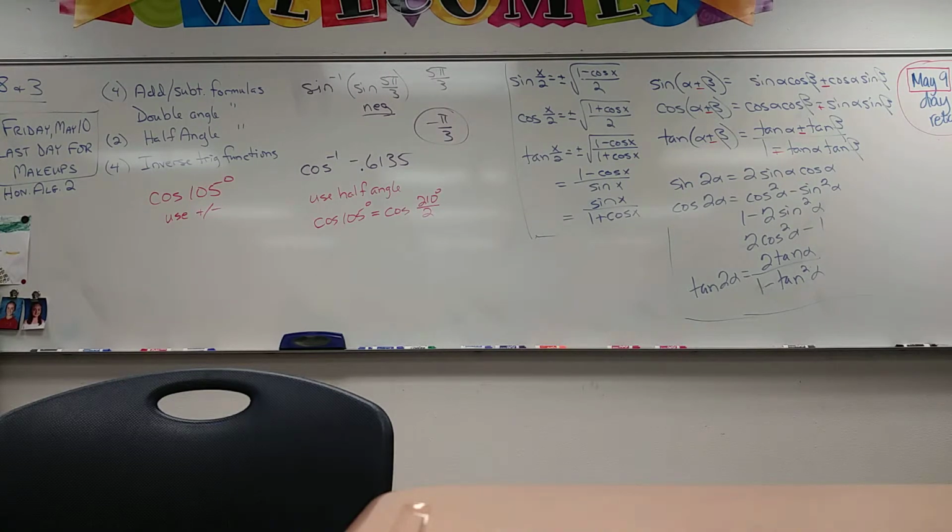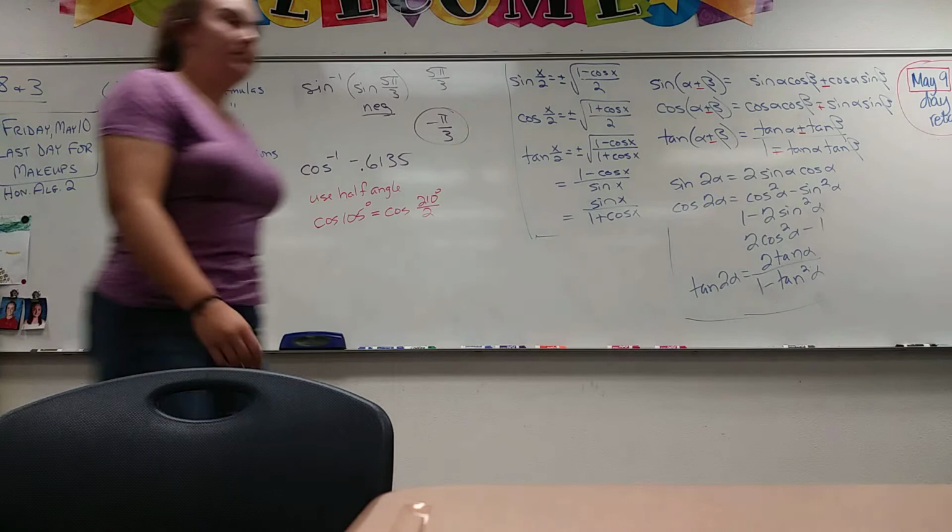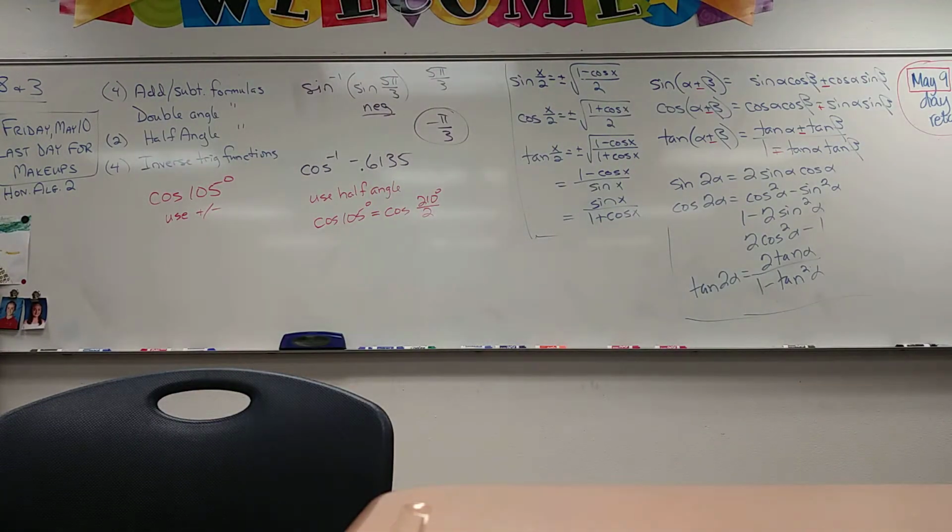Alright, let's do the half angle. I want to see what answer we get. I'm trying to find the cosine of 210 over 2, which equals plus or minus the square root of 1 plus the cosine of 210 over 2. The reference angle equals 60.